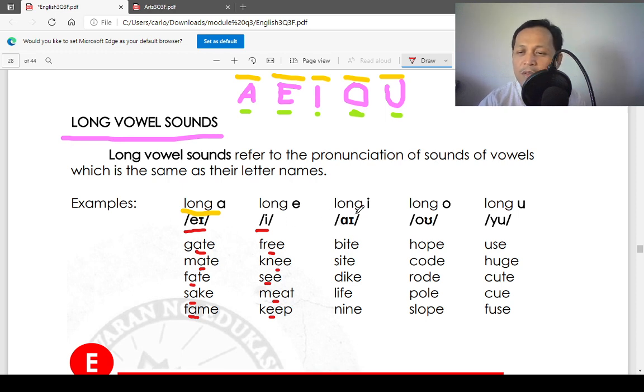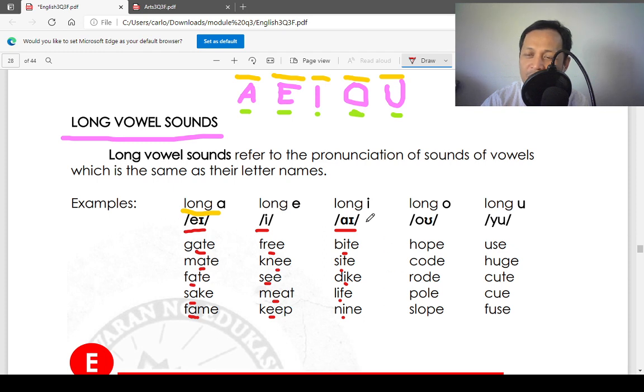Now, going to the long I sound. Again, the long E sound is pronounced as E, while the long I sound is pronounced as I. So we have the following words: bite, sight, dike, life, nine.